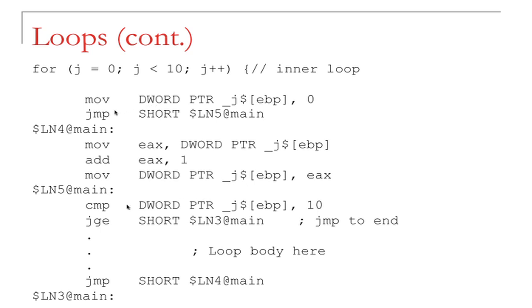And then we're going to do the comparison again to decide whether we should continue to the next loop iteration or not. Then if j is not greater than or equal to 10, that means we're going to do this loop iteration again. Then we do this increment again, then we do compare, and so on.